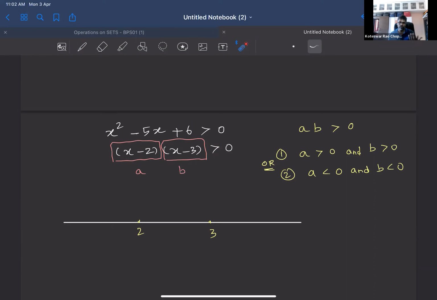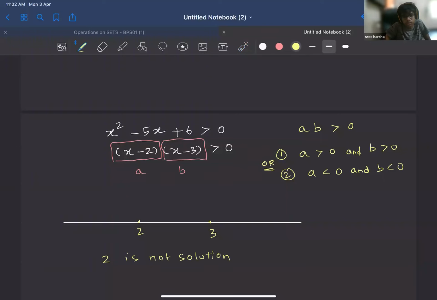If I substitute 2, will it be greater than 0? No, it will not be, right? So that means 2 is not a solution for this inequality. How about 3? Do you think 3 is a solution? No, sir. 3 is also not a solution.